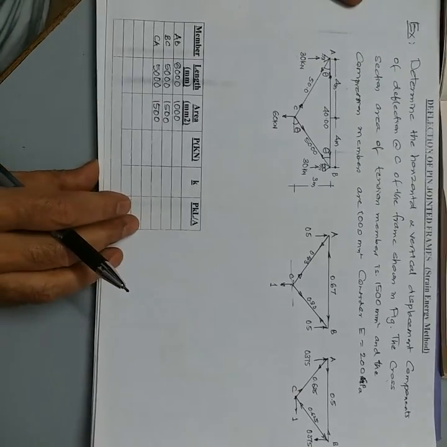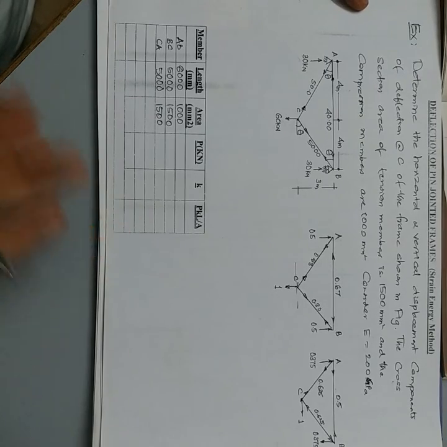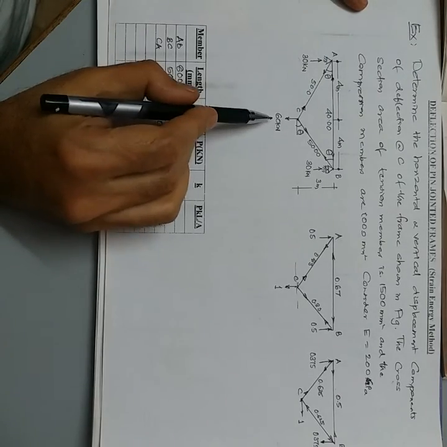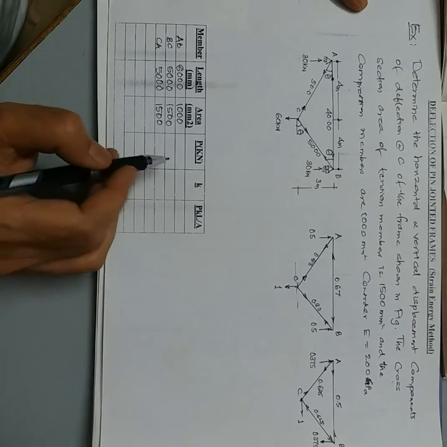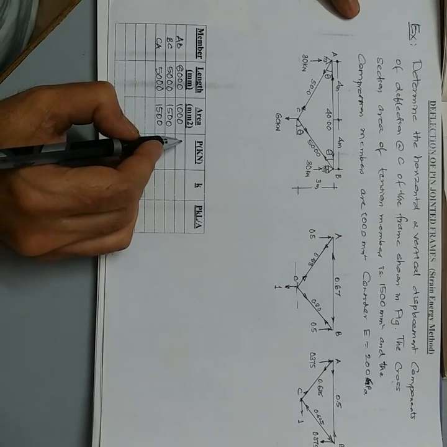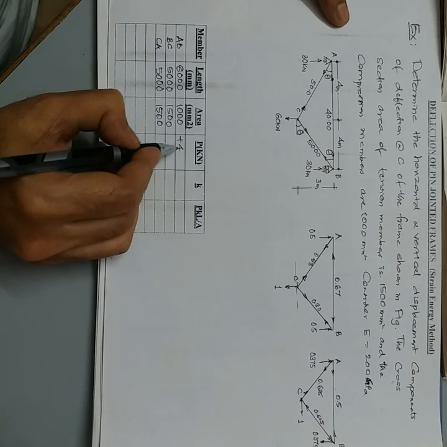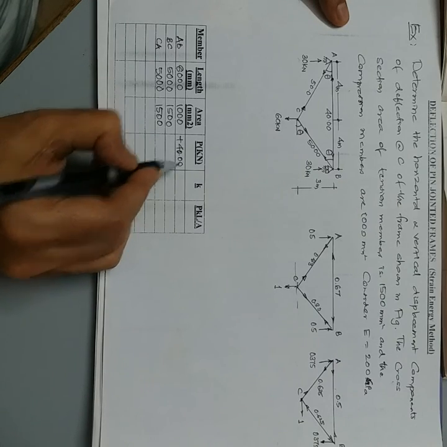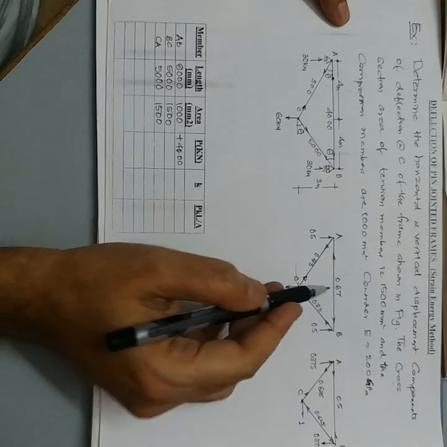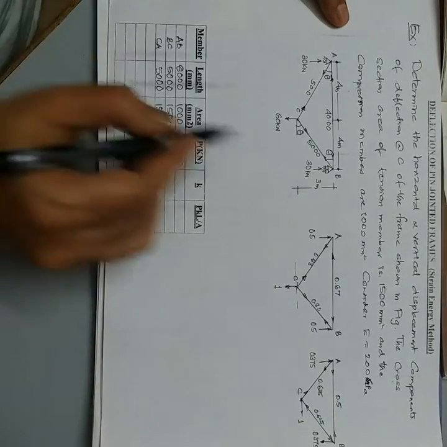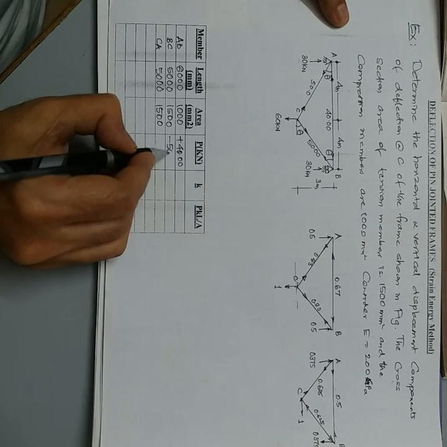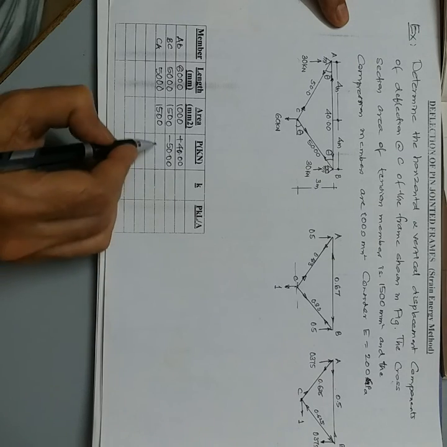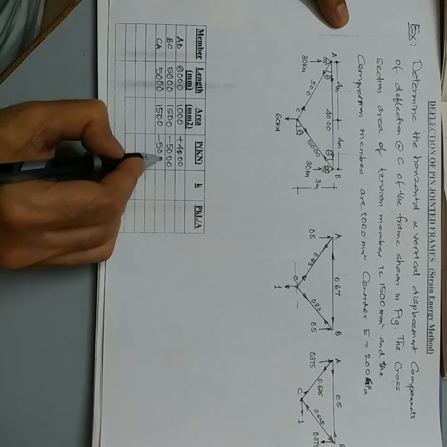So listing the forces due to applied load, vertical load at C, horizontal load at C, we have, this is P equal to 40, then BC will be equal to 50 tensile, CA will be equal to 50 tensile.